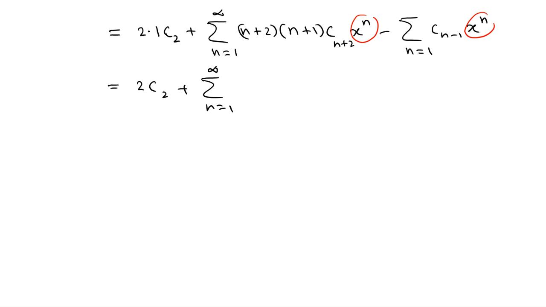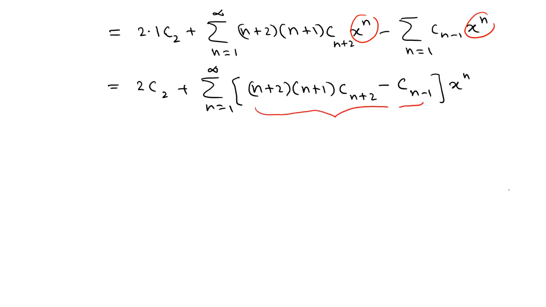We're going to pull them together. So you can write them as n plus 2, n plus 1, Cn plus 2 minus Cn minus 1. You just get the coefficients and then x to the n. So a very simple idea, just one coefficient, a single coefficient.